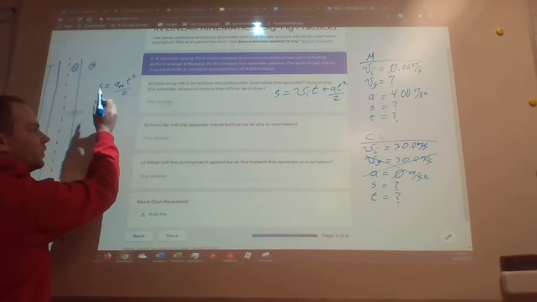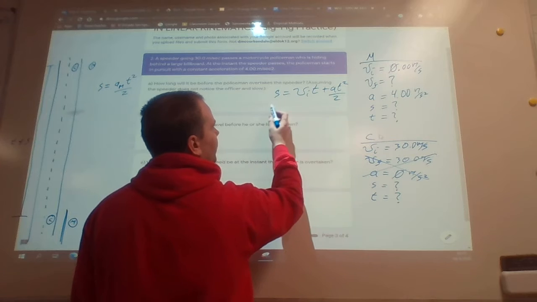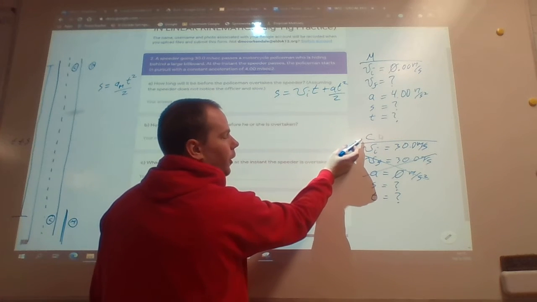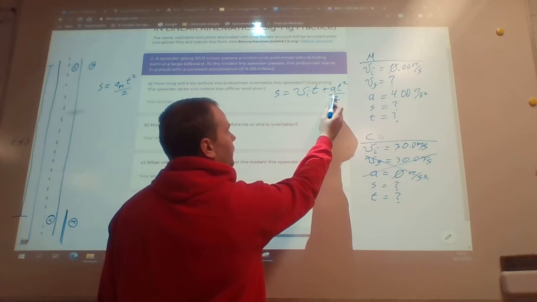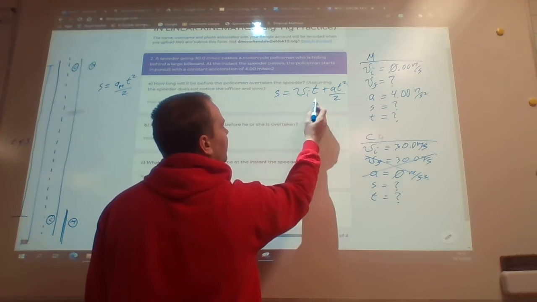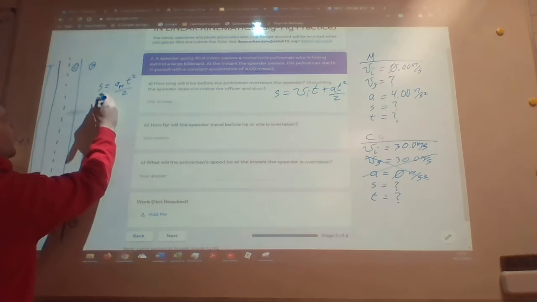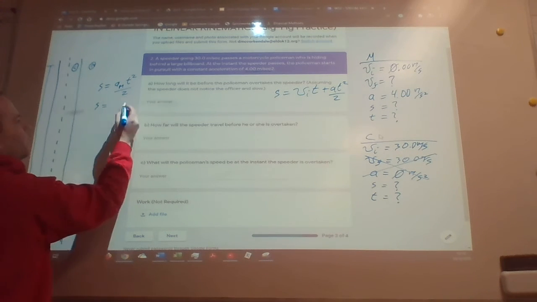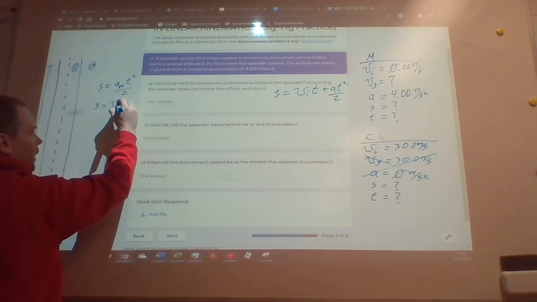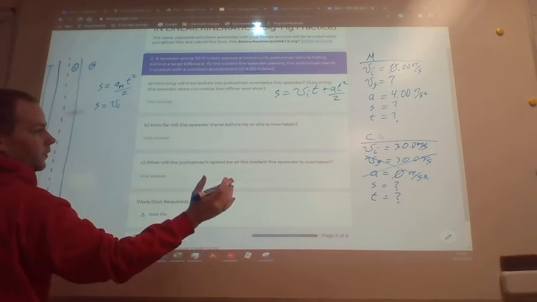We don't know T and we don't know S. But if we do the same equation here for the car, for the speeder, acceleration is 0. And so it's just the first part of the equation. So the distance traveled by the speeder is equal to his initial velocity, which is just his velocity, right?